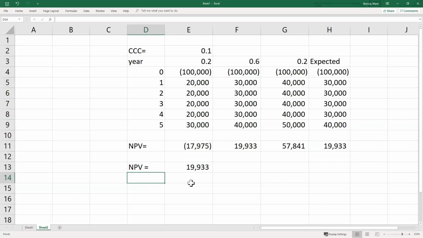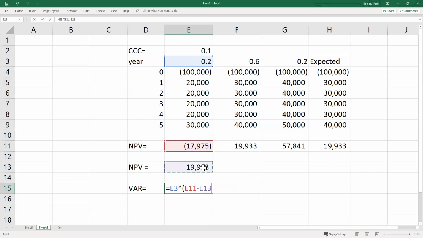What's the project's standard deviation of NPV? Okay, so this requires looking at the expected project NPV versus each of the expected NPVs for each of the possible states. First we get the variance, and that's going to be equal to the weight times the difference between the expected NPV for each of the scenarios and the overall NPV, squared.